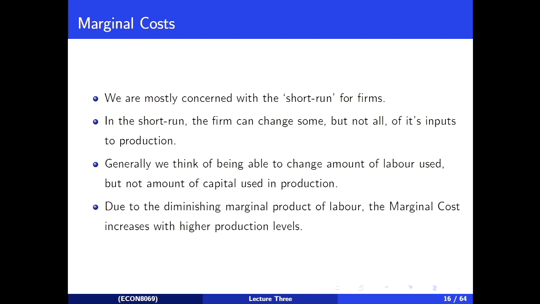Our second person's still good, but they're not as good, and so it costs more to produce those next few units. The next person is not as good. The third person, again, not as good, not as good, not as good. And so we're getting increasing marginal costs over time. One argument for that is diminishing marginal product of labour. You hire the best person first, because of course you hire the best person first. But that means when you go to hire a second person, you've already got the best person, so you have to get the second best person.